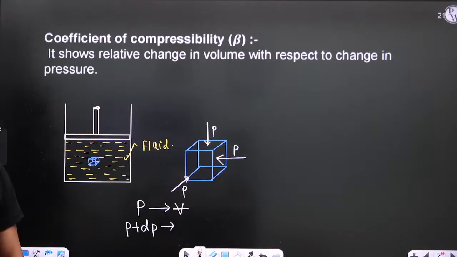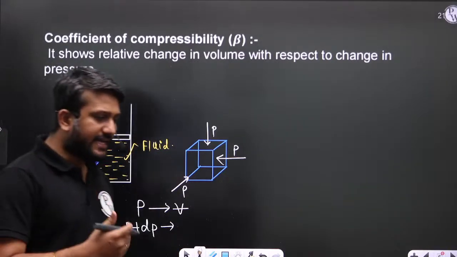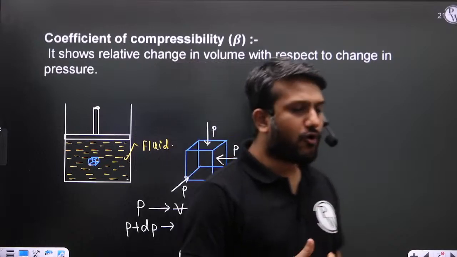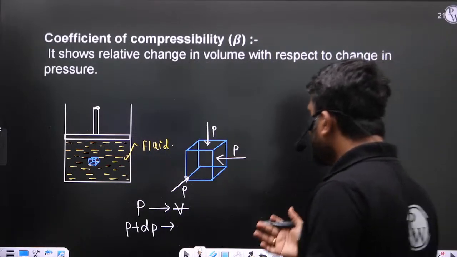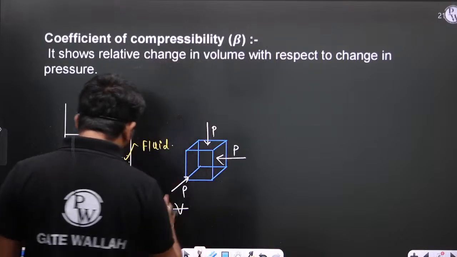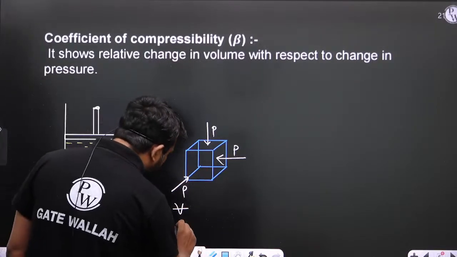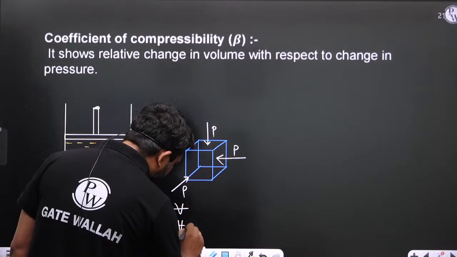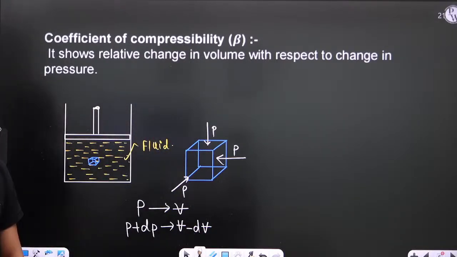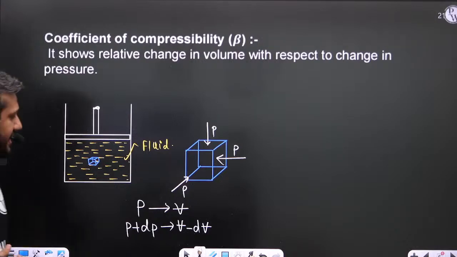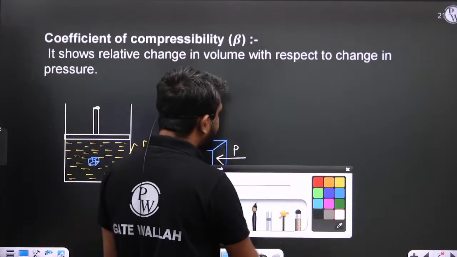Beta, what about the volume? When you increase the pressure, definitely the volume decreases. So when pressure is raised to P plus dP, the volume is lowered to V minus dV.